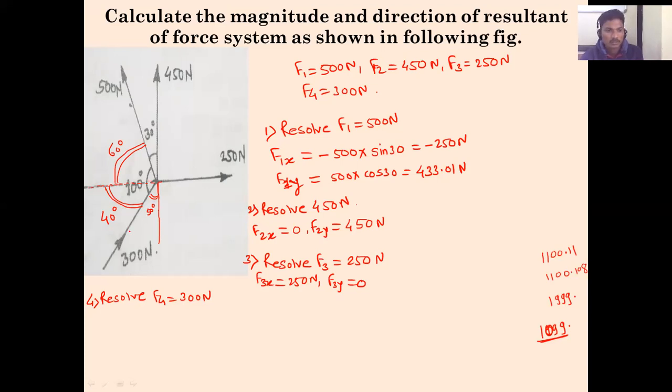So the choice is yours. Either you can take 40 or 50. 40 with horizontal, that is also one thumb rule. If a particular force makes an angle, suppose x degree with horizontal, then the angle made with the vertical will be 90 minus that.